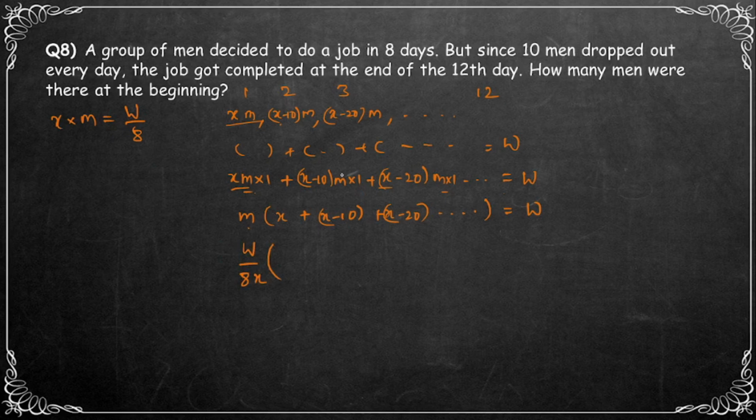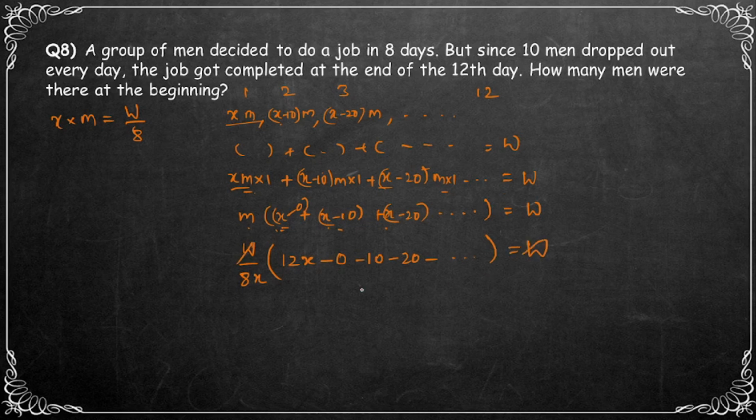Now this is again an arithmetic series, 10, 20, it goes like that. So we can rewrite this as x minus 0, which is nothing but x, just for the sake of it. Now if I group x, x is repeating, x plus x plus x, 12 times. So 12x minus 0 minus 10 minus 20, like that it goes till 12 terms, is equal to w.